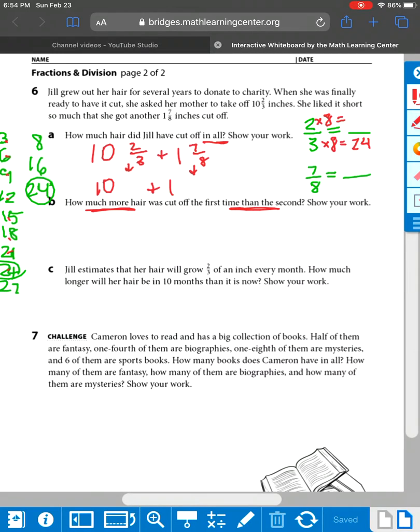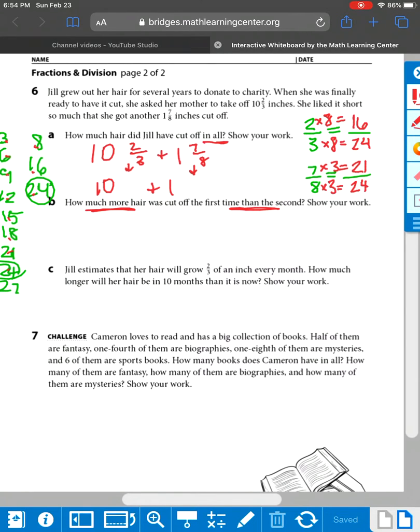So to get my equivalent fraction, I need to multiply my numerator by 8 as well, which means that I would get 16 over 24. And then to get 8 to 24, I had to multiply 8 times 3. So I'm going to multiply 7 times 3 as well to get 21 24ths.